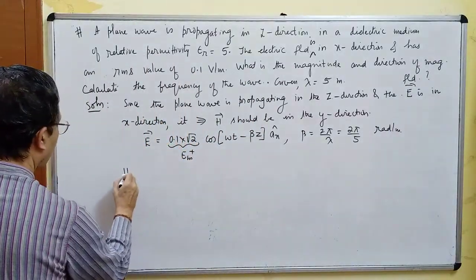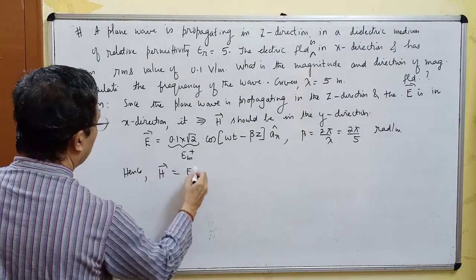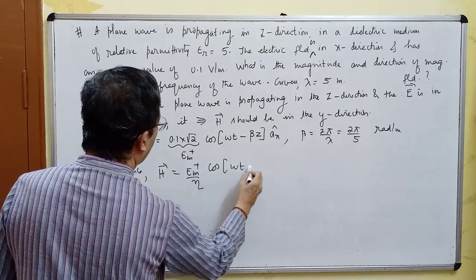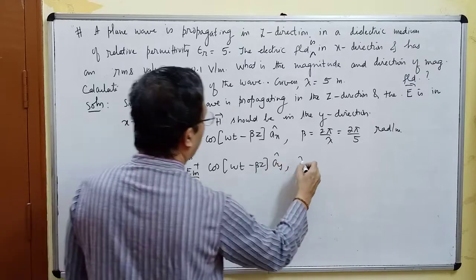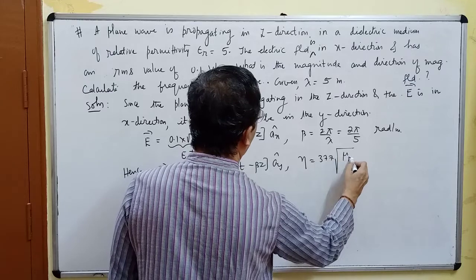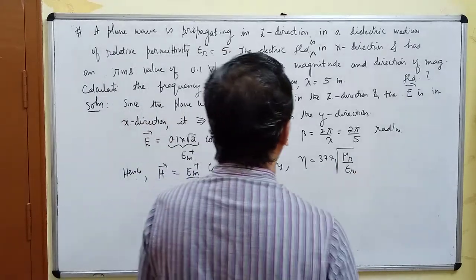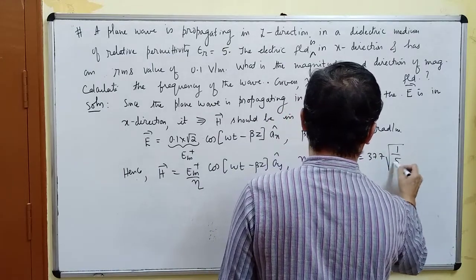Now this is the expression for vector H. Hence, vector H is equal to Em plus divided by eta, cos of omega t minus beta z into ay cap. What is eta here? Eta is 377 into root of mu r by epsilon r. And mu r is not given, it is assumed as 1. So it is 377 into root of 1 by 5.